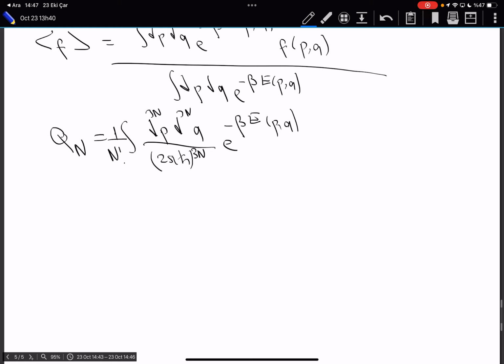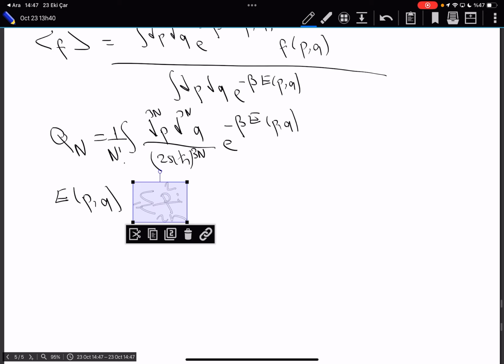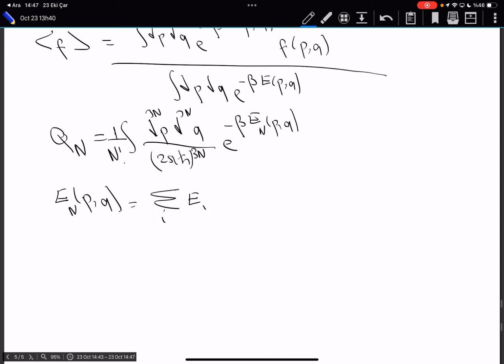And typically, let's say for the ideal gas, the energy will be just p squared over 2m. Let me write it as the energy of the n-particle system, a sum over all the particles i of epsilon i of p_i and q_i.